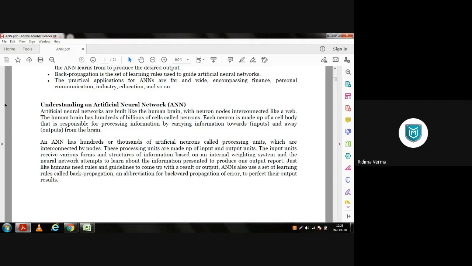The human brain has hundreds of billions of cells called neurons. Each neuron is made up of a cell body that is responsible for processing information by carrying information towards input and away, that is outputs, from the brain.